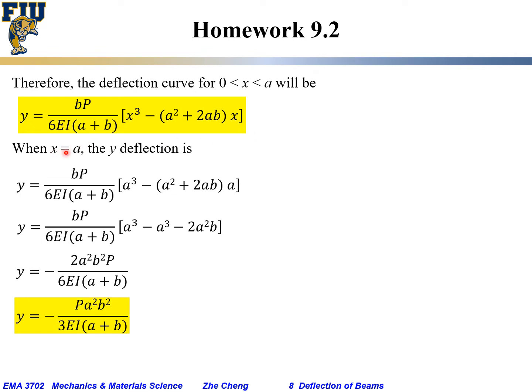And when x equals a, right at the G point, the y deflection is, when you put x equals a there, bP over 6EI times (a plus b) in the front, a cubed minus a squared plus 2ab times a would be a cubed minus a cubed minus 2a squared b, the a cubes cancel each other, and with the minus sign in front, 2a squared b squared P over 6EI (a plus b), and 2 and 6 cancel, 1 over 3.